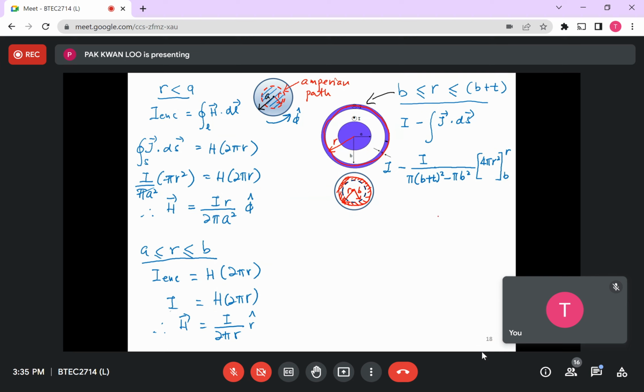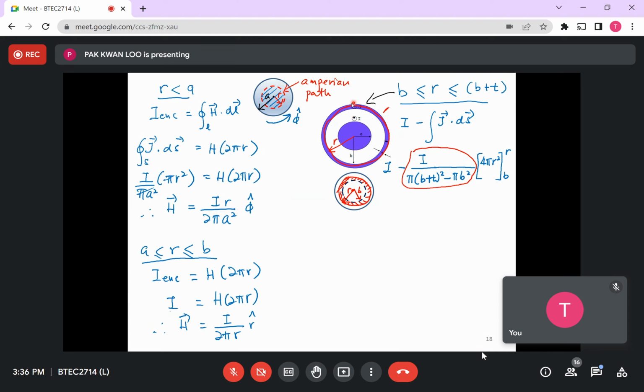Okay. First I want you to understand this part. Do you understand how I get this? We are defining the Ampere's path, which I already showed here, the red line.